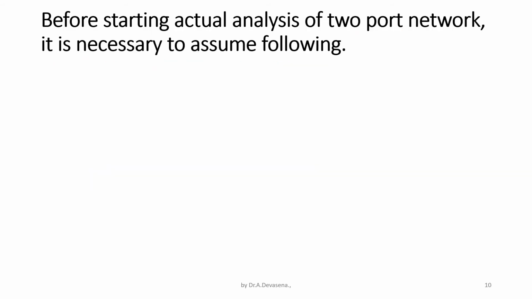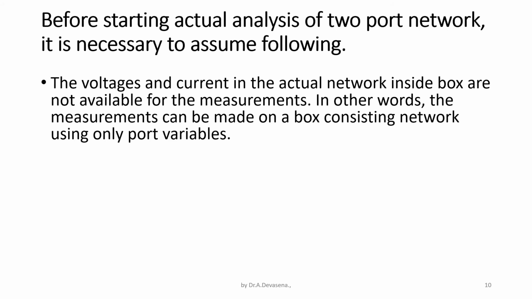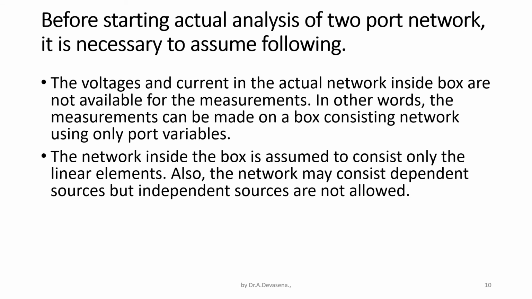Before starting analysis of a two-port network, it is necessary to assume the following. The voltages and the currents in the actual network inside the box are not available for measurements. In other words, the measurements can be made on a box containing the network using only port variables. The network inside the box is assumed to consist only of linear elements.